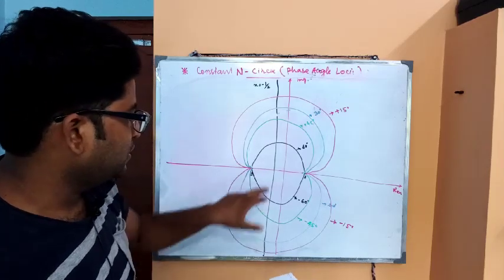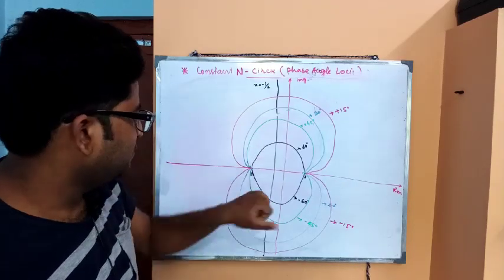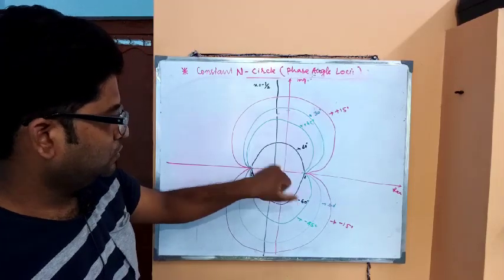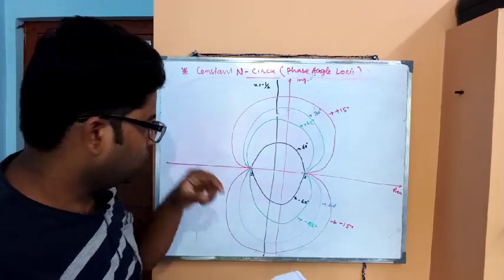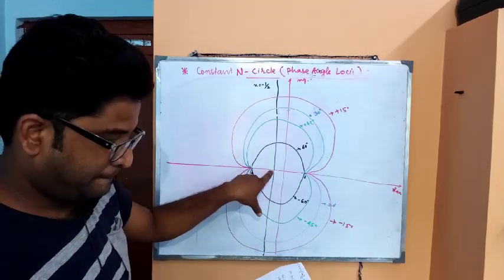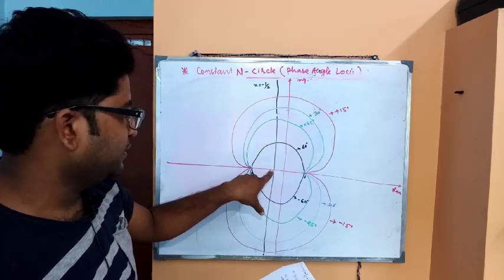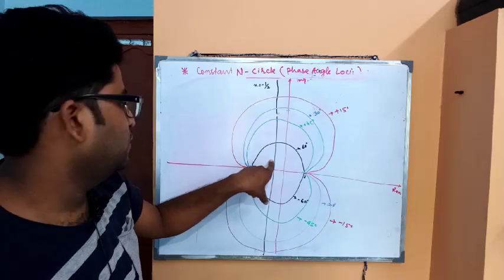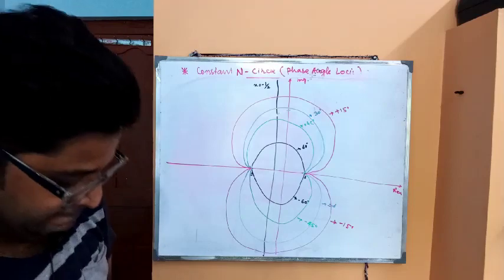That means x has the constant value minus 0.5, which is the center point of all the circles. With respect to the x coordinate, only the y coordinates change. So for 60 degree, minus 0.5 comma 2.88. The y value is 2.88, a positive value, so the center will be just above the real axis.